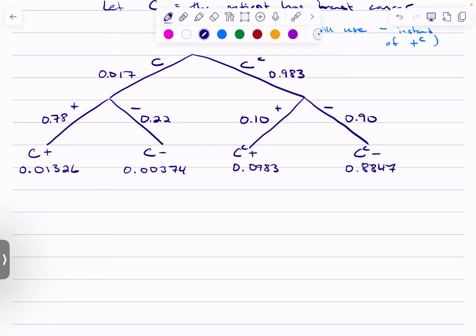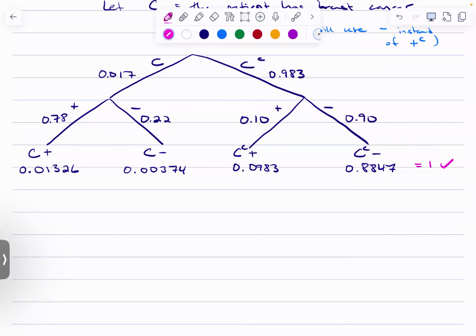Add these all up just to make sure they add to 1, so nothing went wrong here. 0.0983 plus 0.00374 plus 0.01326. Phew. Sum is 1.